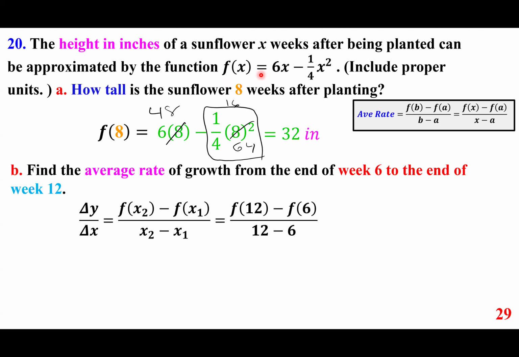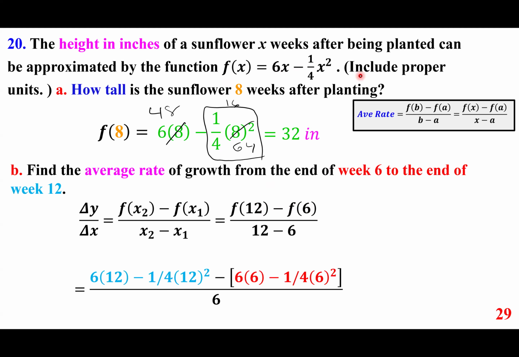So 6 times 12 minus 1/4 times 12 squared, minus parentheses 6 times 6 minus 1/4 times 6 squared.